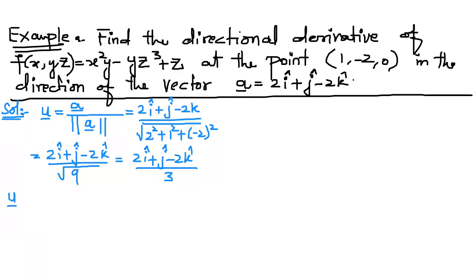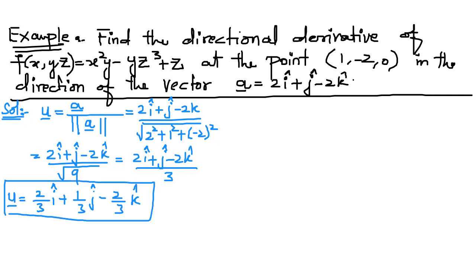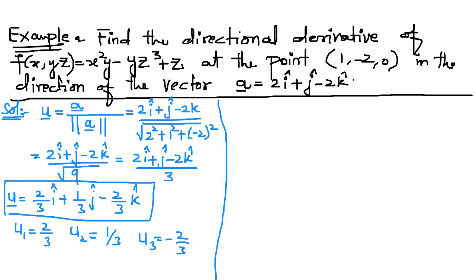So what will be the unit vector? The unit vector will be 2 by 3 i plus 1 by 3 j minus 2 by 3 k. In this unit vector, u1 is equal to 2 by 3, u2 is equal to 1 by 3, and u3 is equal to negative 2 by 3. Okay, so we calculated the unit vector.